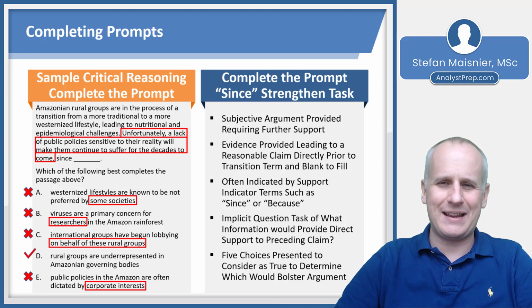So we can't determine that this is definitively anti-Amazonian rural groups, whereas choice D specifically says they lack representation. So D is going to be better than E, even though you might make a logical leap and try to validate the corporate interests. It doesn't say explicitly that the corporate interests are going to counter the rural group's realities and make them suffer.